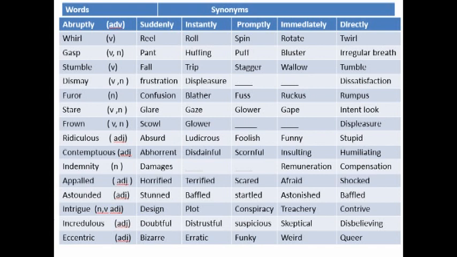Gasp is a verb and it can also be used as a noun. Its synonyms are pant, huffing, puff, bluster, or irregular breath. You may call it huffing and puffing. Third synonym is stumble. It is a verb. Its equivalent words are fall, trip, stagger, wallow, or tumble.